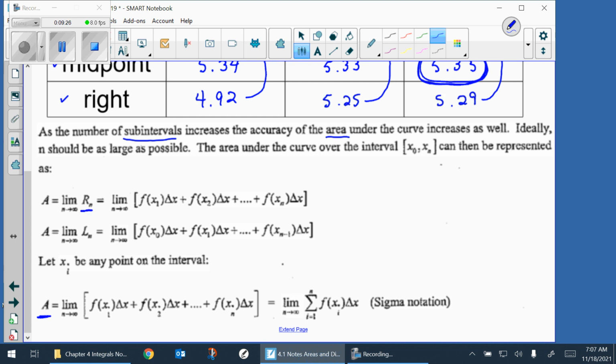And here's the area making right endpoints and making left endpoints. But in general, what we're going to do is take f of x, which is the height of each rectangle, and multiply that by delta x, which is the width of each rectangle.